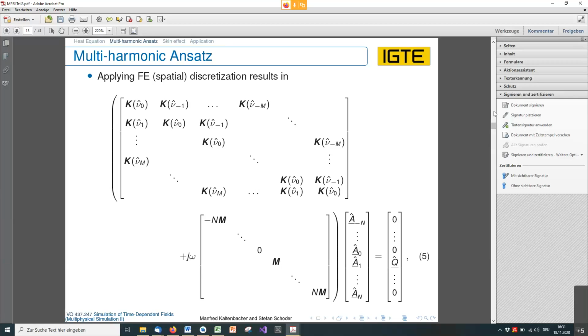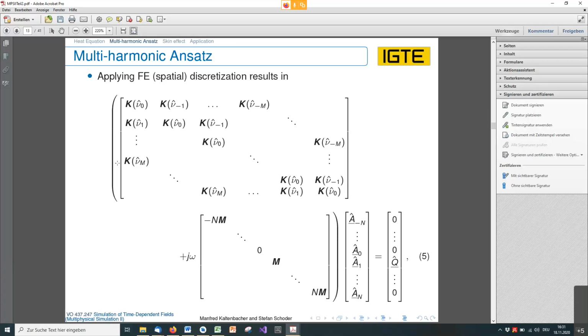So that's basically it. We transform the nonlinear system into a set of equations of linear systems and truncate the series. That's the multi-harmonic ansatz. So in terms of effort, we get rid of the iterations, but on the other side, we get a much bigger matrix system.